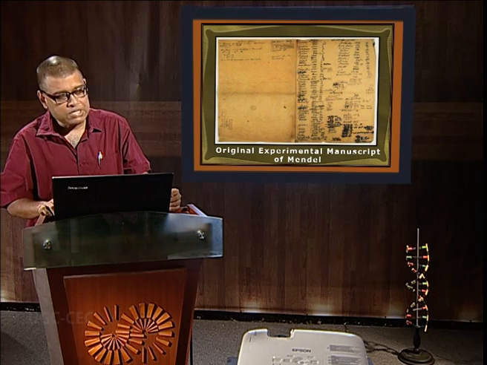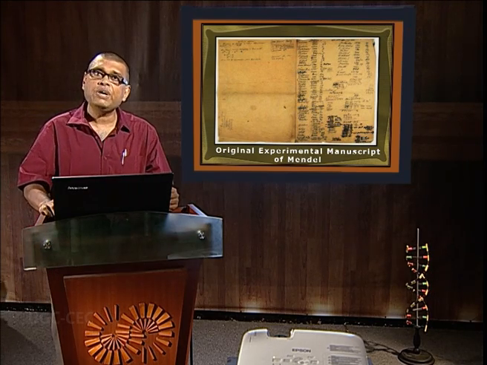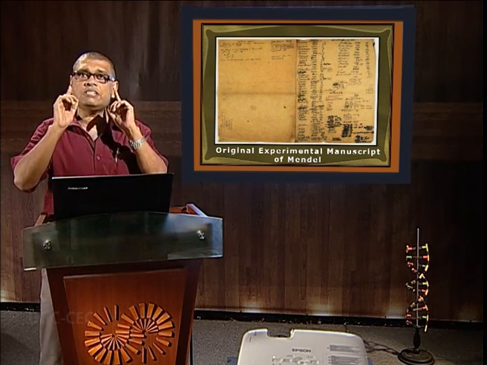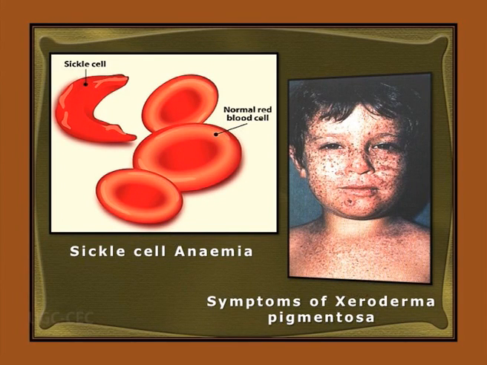And at the same time, he considered characters which are qualitative character, which is clearly expressed by the pea plant. So that is another point of success. And if we consider the present day traits in human, certain diseases like the sickle cell anemia, which is because of one particular gene variation where the RBC becomes sickle shaped, or the symptoms of xeroderma pigmentosa with some typical pigmented spot on the skin, it is clearly following Mendelian trait. So there lies the success of Mendel.